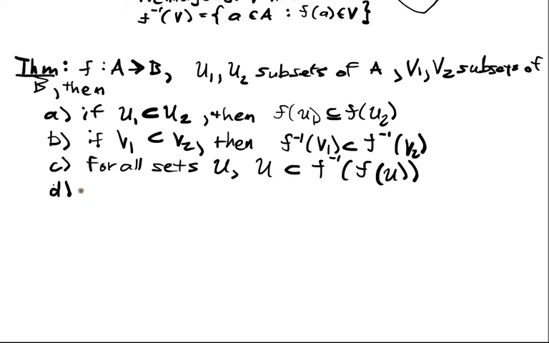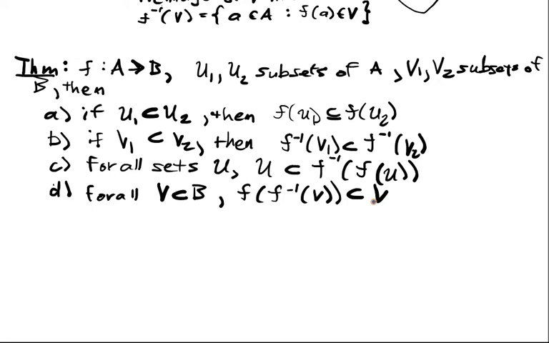That's the whole thing there, but at least it's contained in there, and it's good to know that direction. (d) And for all sets V, so U here was in A and V is in B, of course, otherwise this doesn't make sense, f of f inverse of V is contained in V. The reason that's not necessarily equality is because V might have stuff that's outside of f of A. V might be strictly larger, and so if I take the pre-image of something, I'll get stuff in A, and then I take the image of that, and I'll get stuff that's strictly in the image of A in the long run.